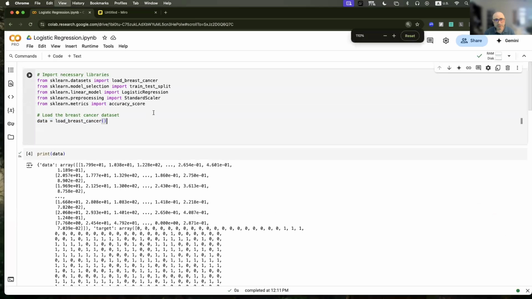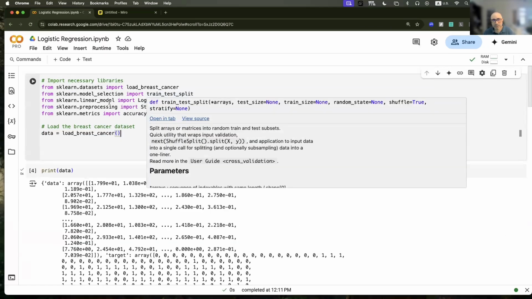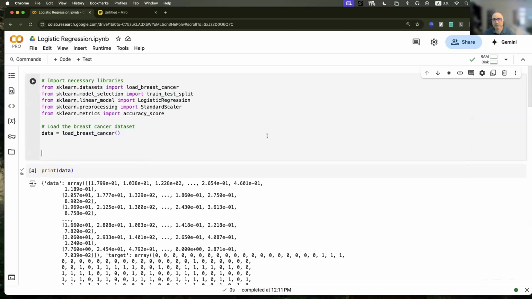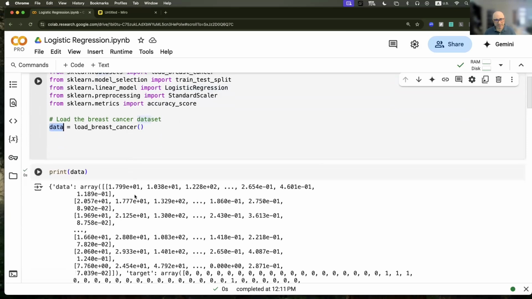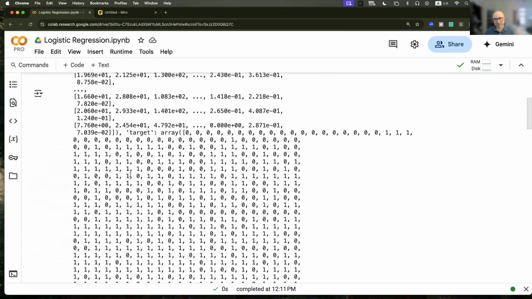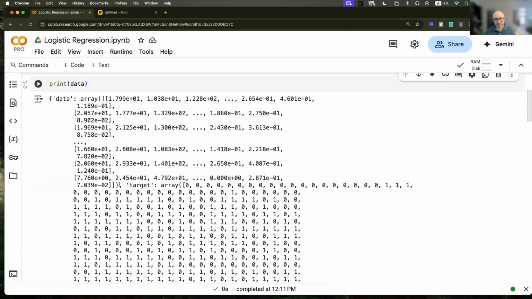This example comes from the breast cancer data set, and the library is scikit-learn, which is basically the main resource for using any machine learning algorithm. You see that we import it. This is our data set, breast cancer. You can look into it, it has a lot of information.